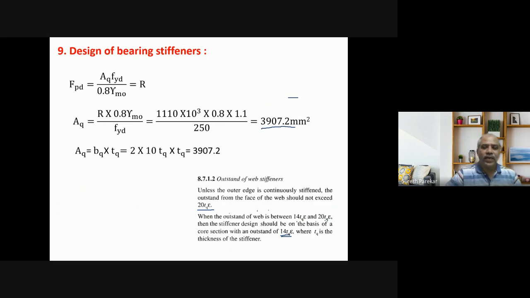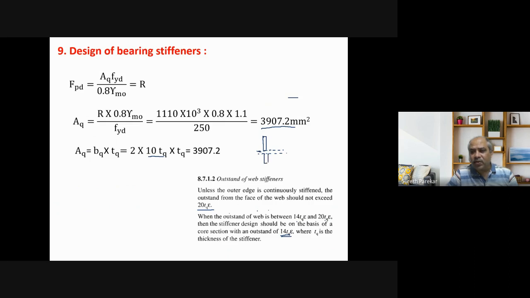Now we have assumed here 10 tq as the outstand, and then we are going to get the area. Generally, for end bearing stiffeners or load bearing stiffeners, we have symmetrical stiffeners.